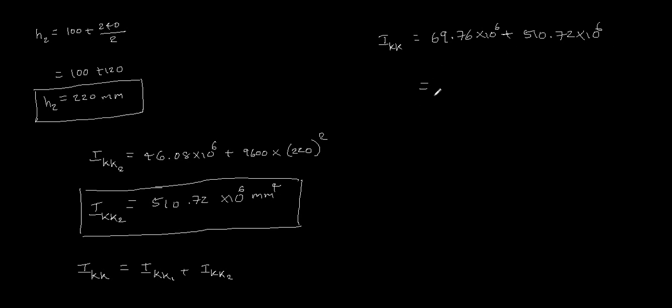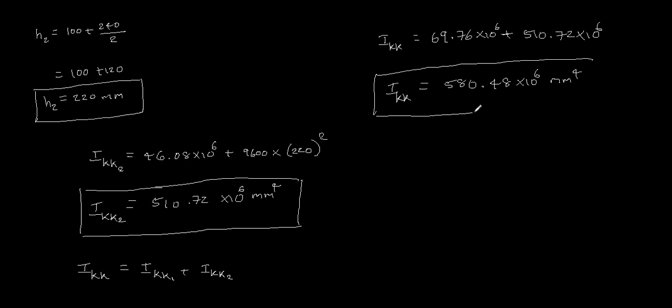So when you sum these two values, you'll be getting the value as 580.48 into 10 power 6 mm to the power 4, which is the required moment of inertia of the composite section, which is the combination of two rectangles, and the shape we got is an L shape. So with respect to the kk axis given, the value is 580.48 into 10 power 6.